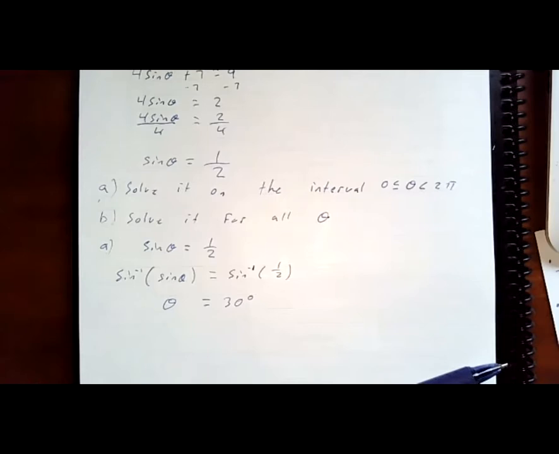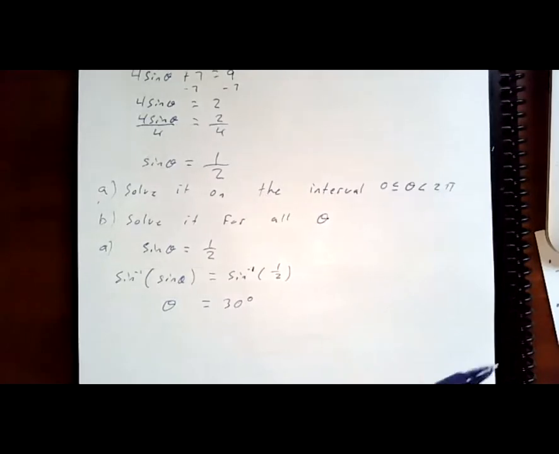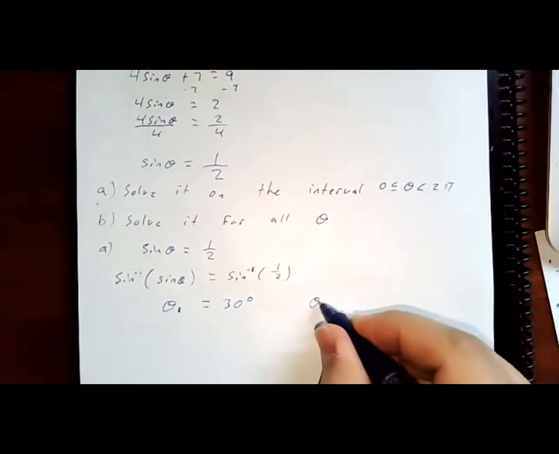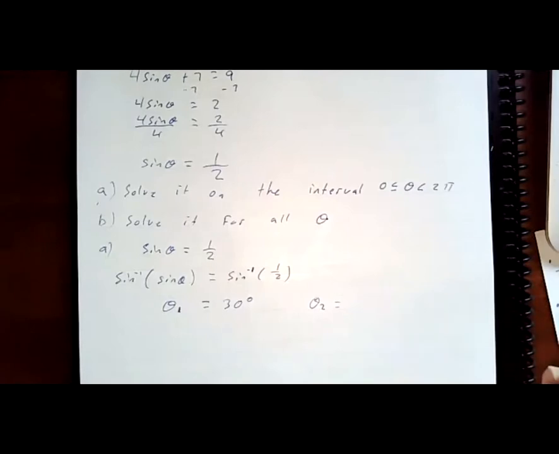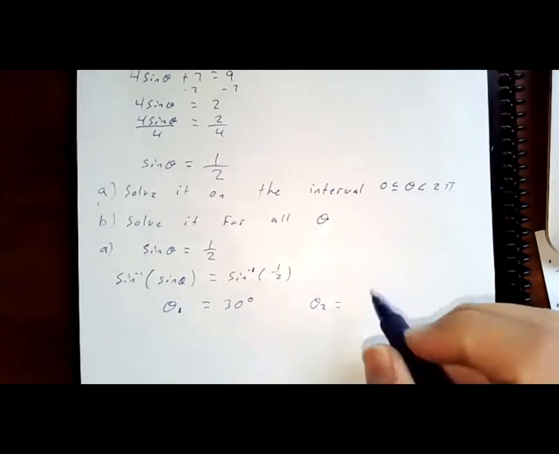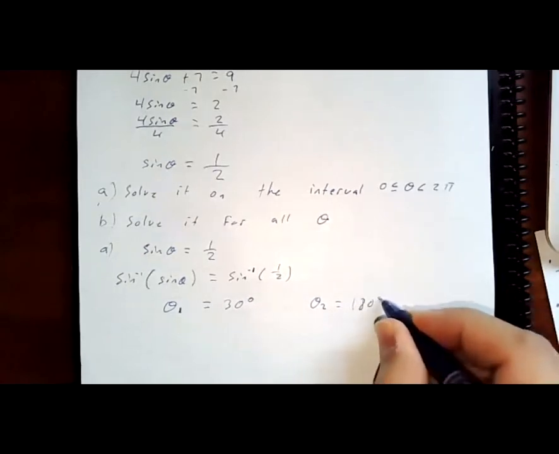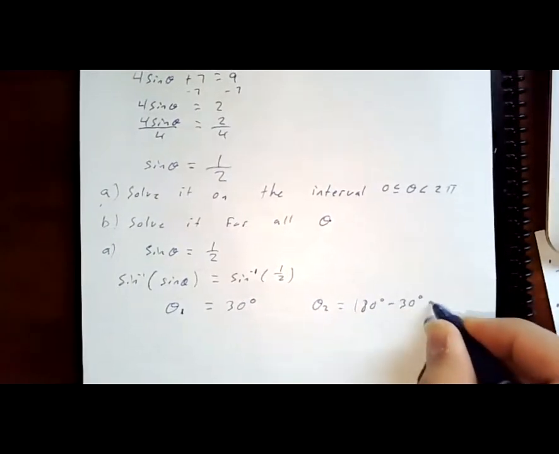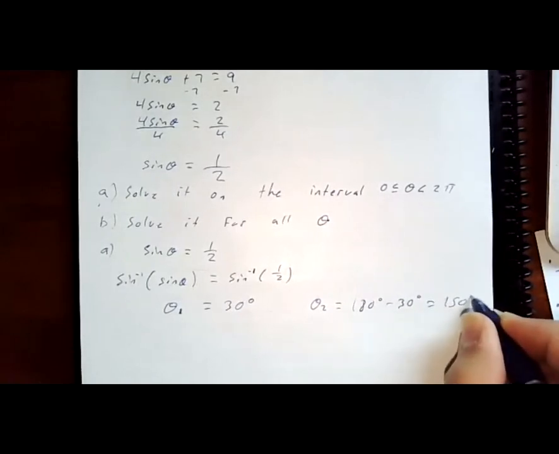And that was our reference angle, but then we also had coterminal. So to find the other angle, you do 180 minus the angle you find in the calculator. So this one will be found with your calculator. So we'll call that theta 1. So theta 2, which we know by looking at the circle is going to be 150. But let's say that this is a weird number, and you use your calculator to get it. So that would be 180 minus 30, which is 150.